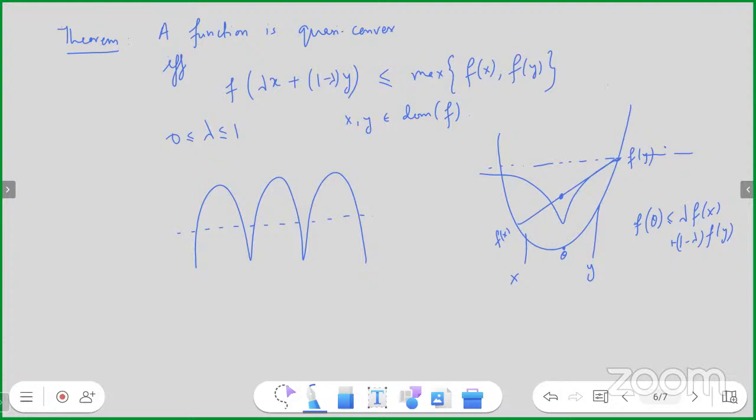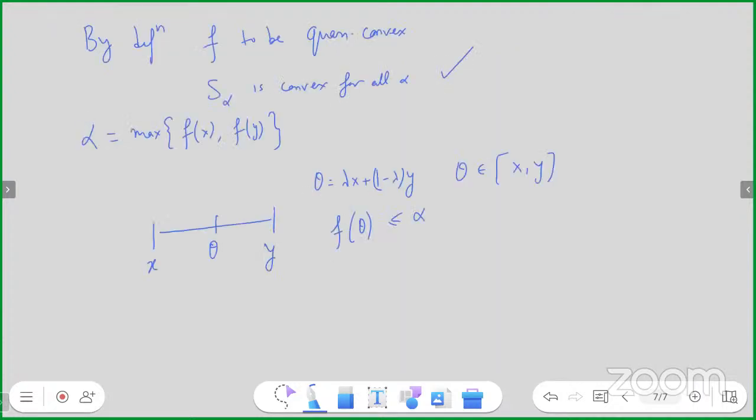So how would you take care of the case where alpha is smaller than the two quantities? Alpha is just some real number. S alpha is all the x such that f of x is less than or equal to alpha. Let x comma y belong to S alpha.